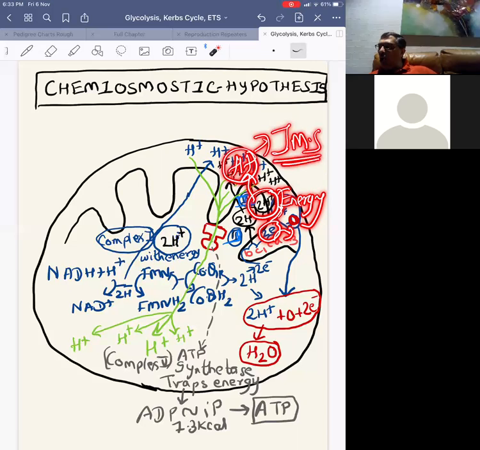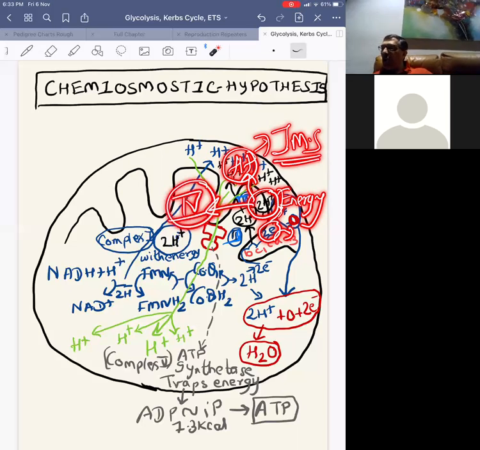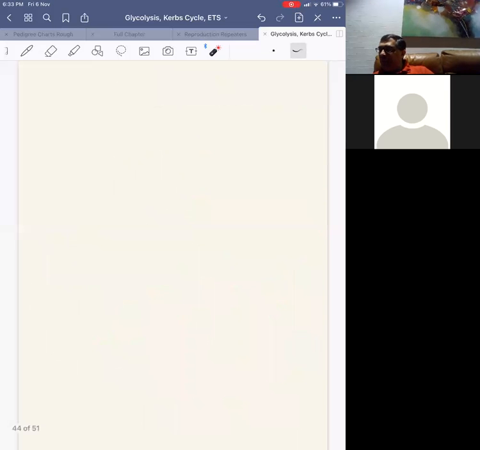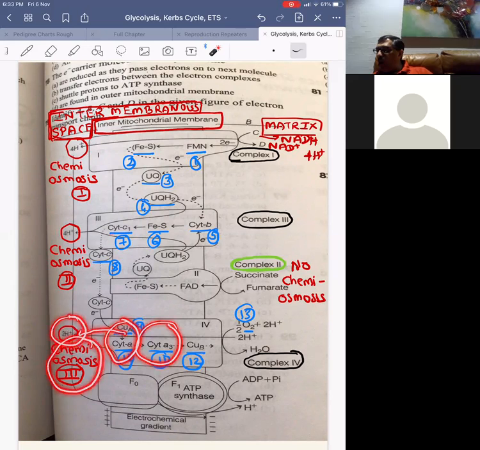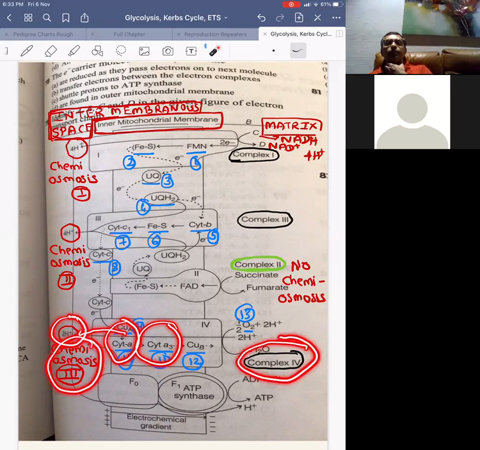So this is called complex 4. So again in the diagram, from A to A3, what was pushed out? Protons, and that is chemiosmosis 3, which is called complex 4.